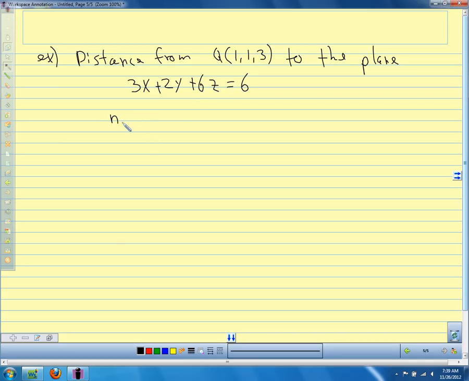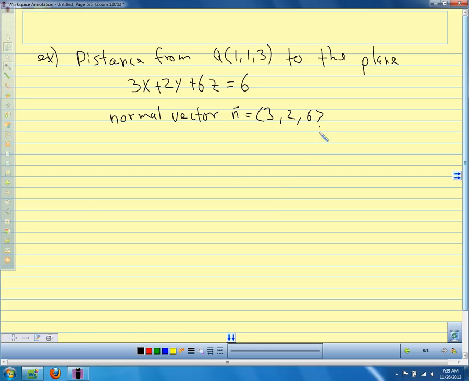So our normal vector n in this case is what? The vector 3, 2, 6. We just pick out the coefficients on x, y, and z. So there's our normal vector.